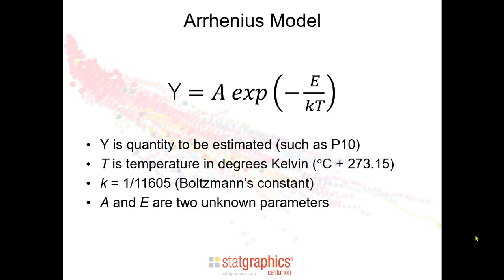In this equation, y is the quantity to be estimated, such as P10. T is temperature in degrees Kelvin. That's degrees centigrade plus 273.15. k is Boltzmann's constant. A and E are 2 unknown parameters.